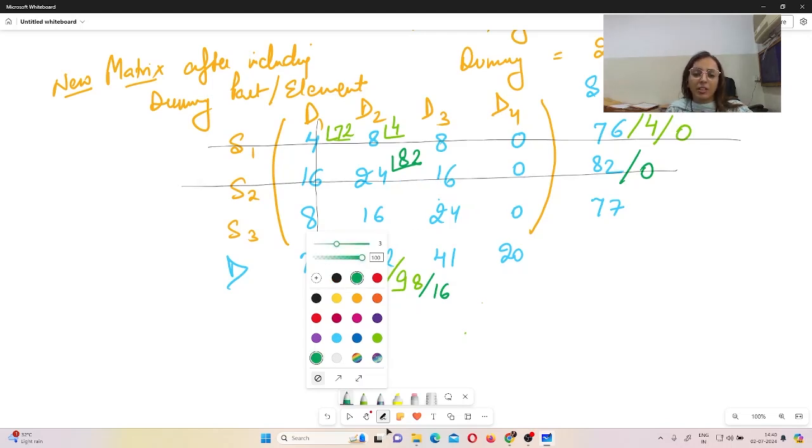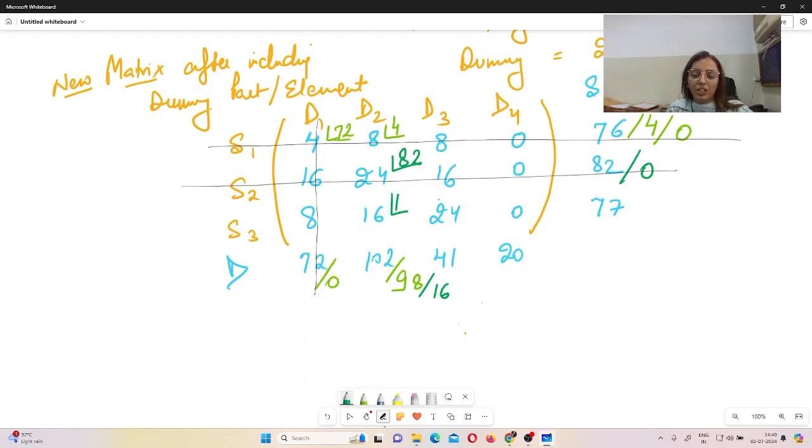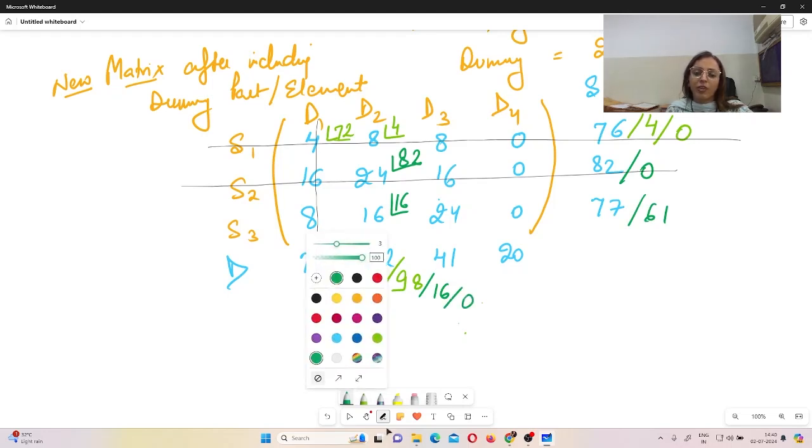Now coming to the next point, that is S3. You have to give the allocation, that is 16 over here. From 77 you have given 16, so the remaining will be 61. And this is 0. Once an element becomes 0, cancel it so that no mistake happens. So all the allocation of D2 is done.